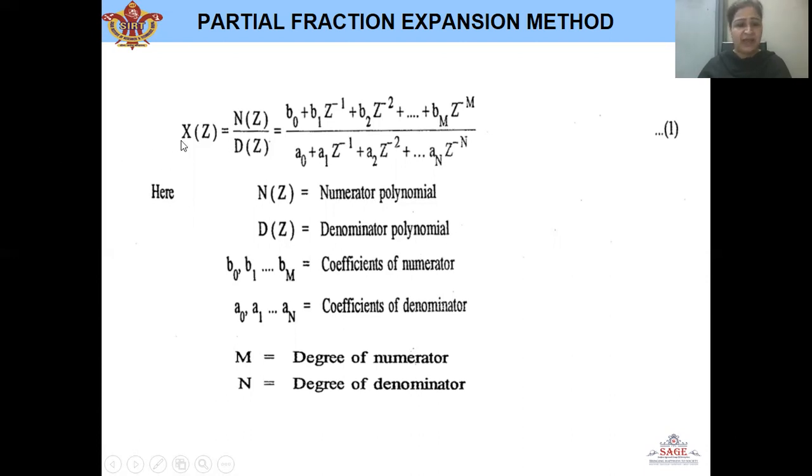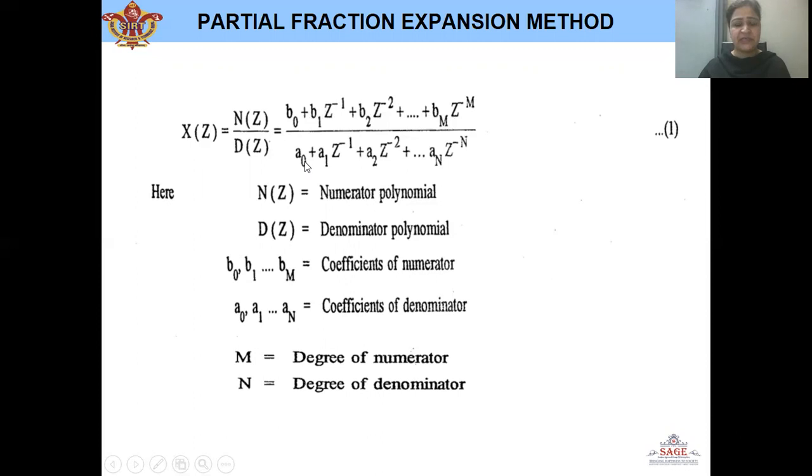Now, suppose I have a discrete time signal which is represented by Z transform X(z). It is in the form of a rational function N(z) upon D(z), where N(z) is the numerator polynomial and D(z) is the denominator polynomial. N(z) is given by b0 plus b1 z inverse plus b2 z raised to power minus 2 till bm z raised to power minus m, where b0, b1, b2 to bm are the coefficients of the numerator polynomial.